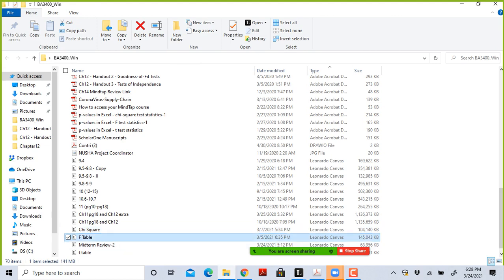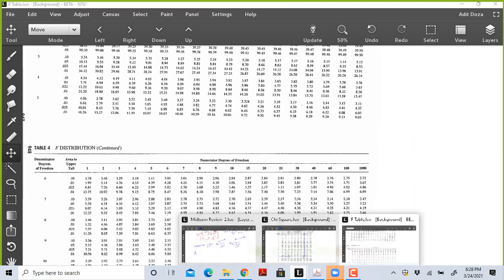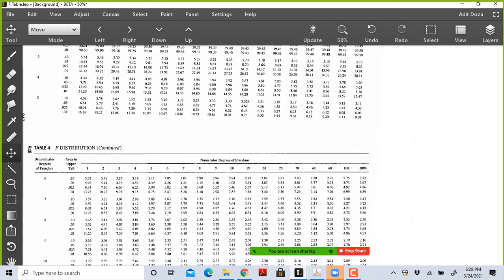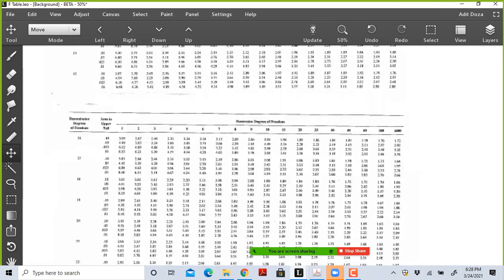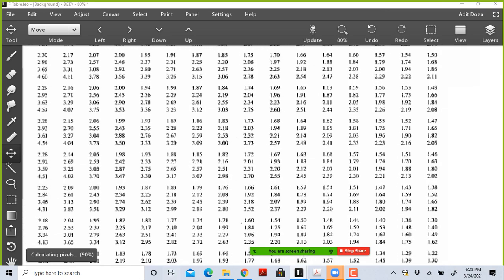So F table is here. We have 2 degrees of freedom. So 60 is the numerator, 40 is the denominator. So 60 numerator, 60 is here. 40 we have to move to maybe this page.